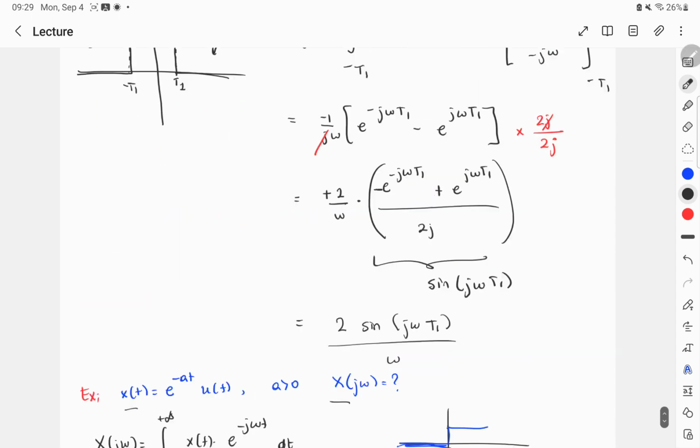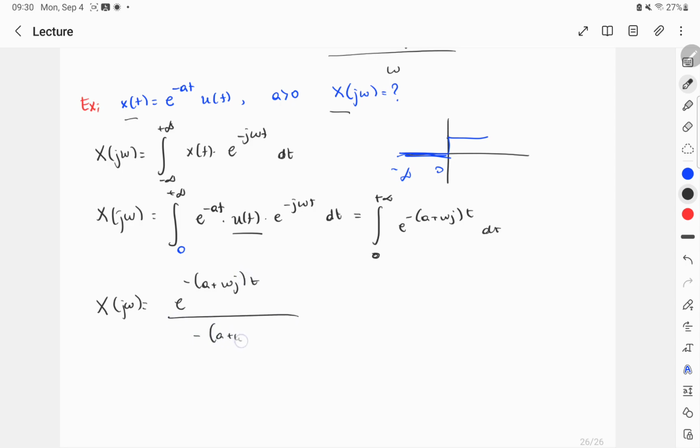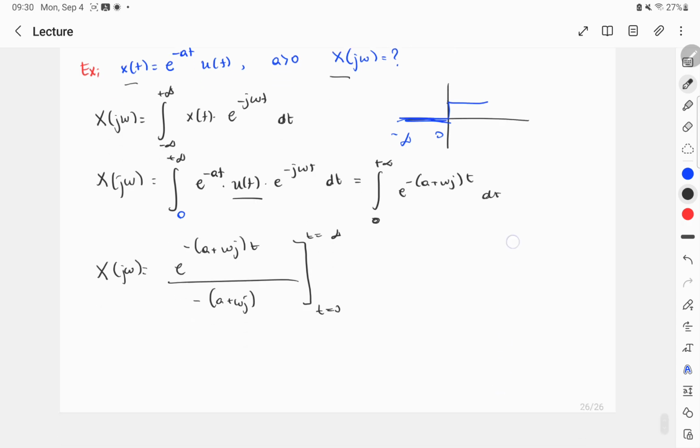We can take out these two together. And we can integrate it with respect to t, and it will give us e to the power of (minus a plus wj)t over minus a plus wj, from t equals 0 to t equals infinity.